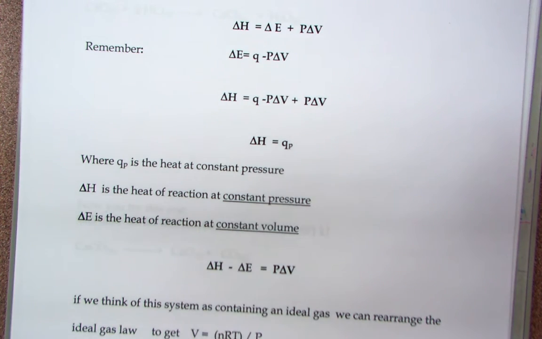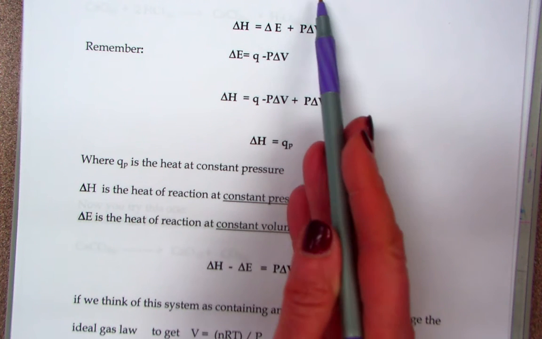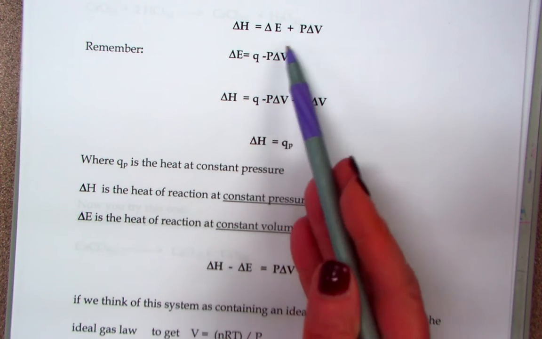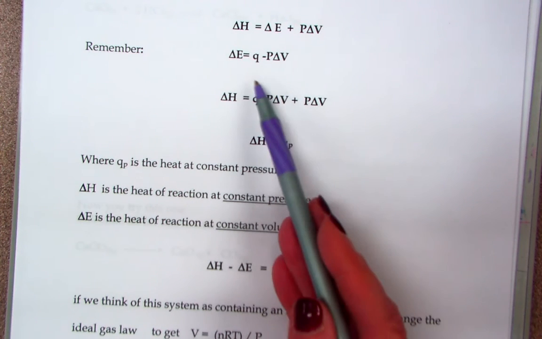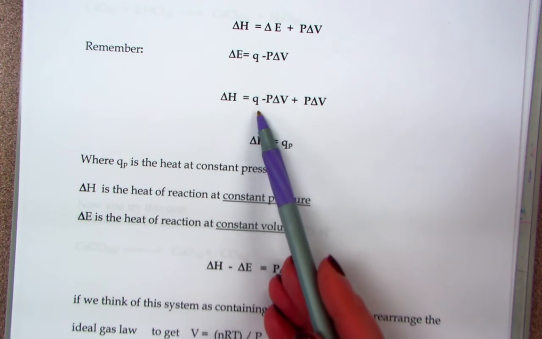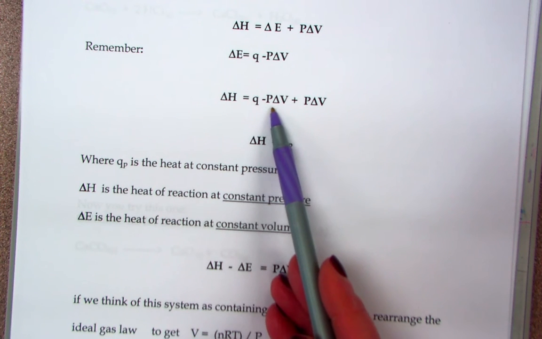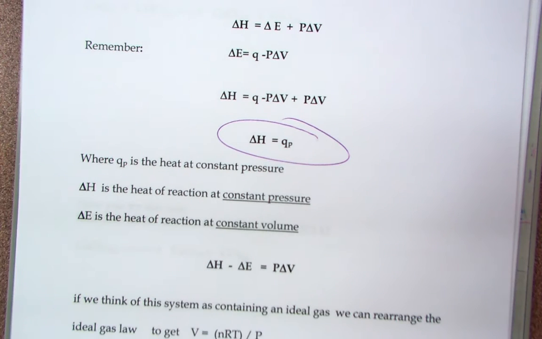When P is constant, delta PV is P delta V. So delta H is delta E plus P delta V, and delta E is Q minus P delta V. So we get delta H is Q minus P delta V plus P delta V.